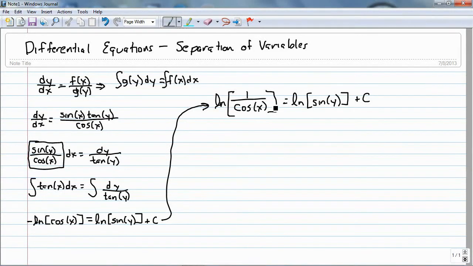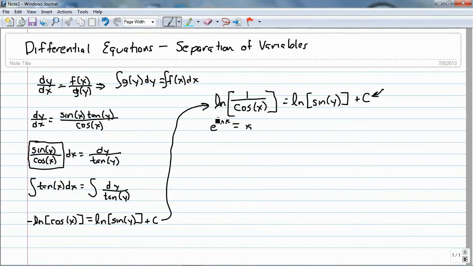Now I can't just get rid of the natural logs because I have this constant c here. So I'm going to have to take both sides and raise e to the power of these. Just to write here so that you understand what I'm doing, if I do e to the natural log of x, that would equal x.